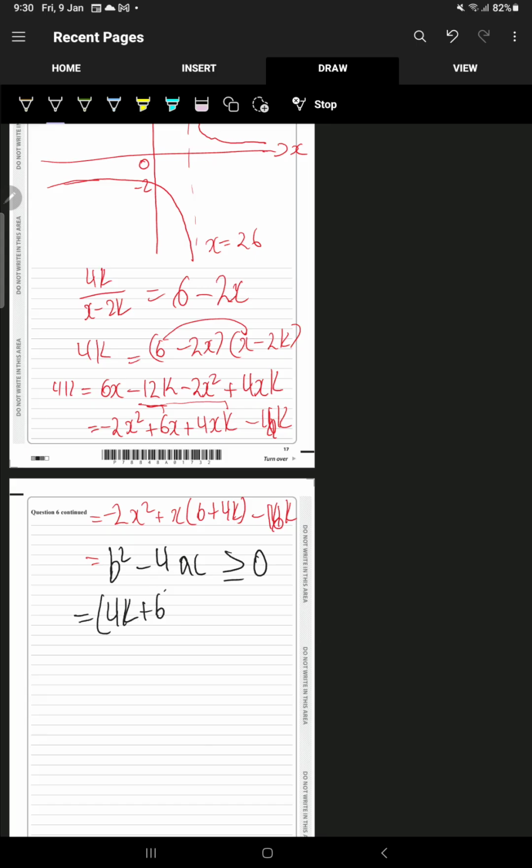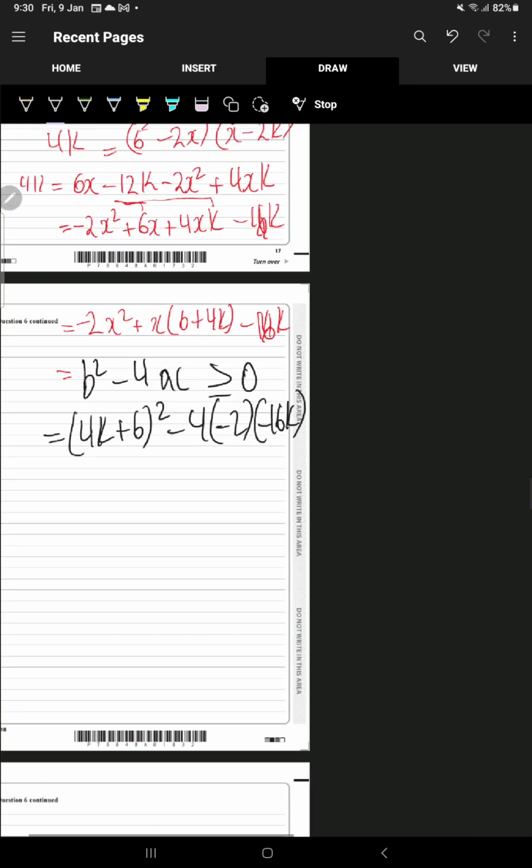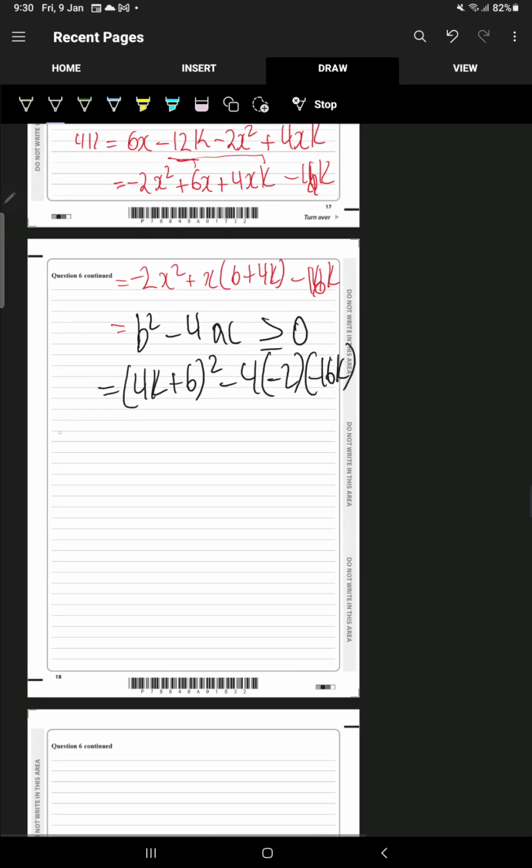So the discriminant is 4k plus 6 all squared, minus 4 times minus 2 times minus 16k. Now you have to expand this.